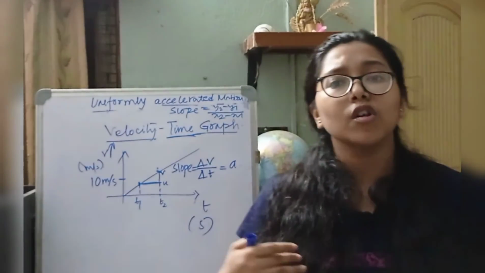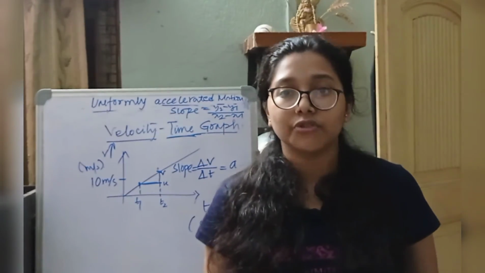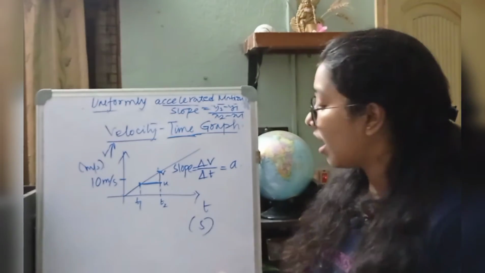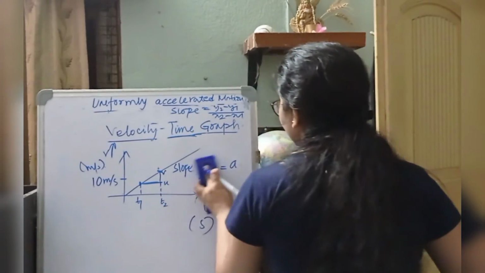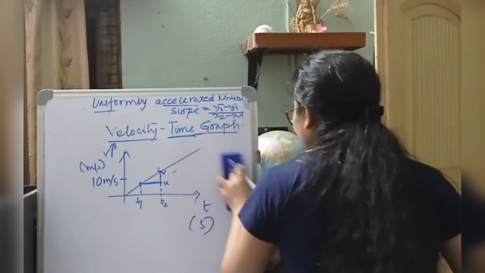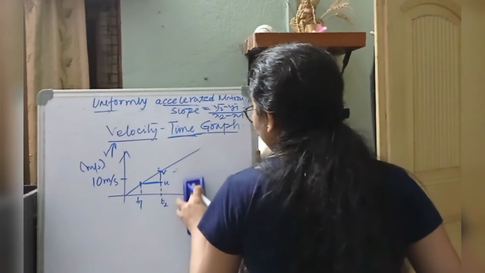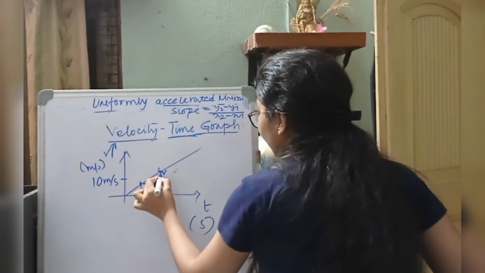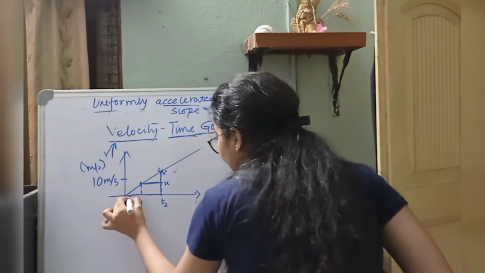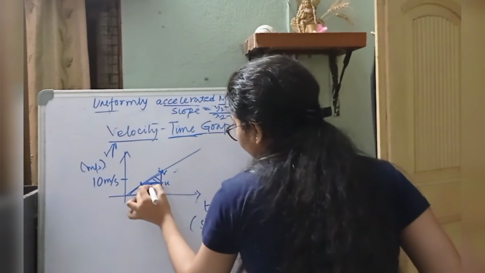We can also obtain the distance travelled from a Vt graph. How? If we go for the area of the Vt graph. Why does the area of the Vt graph give the distance travelled? Suppose the area enclosed by this part.